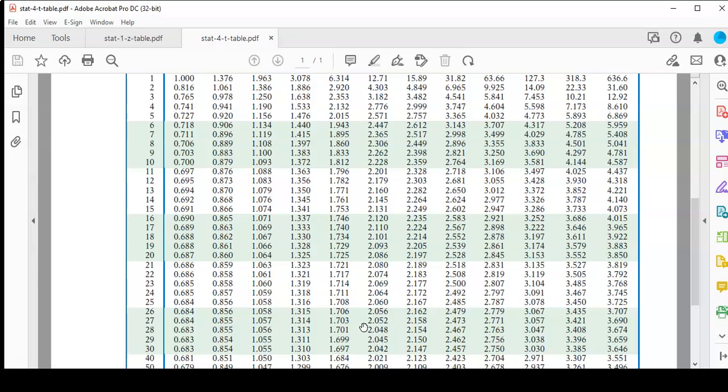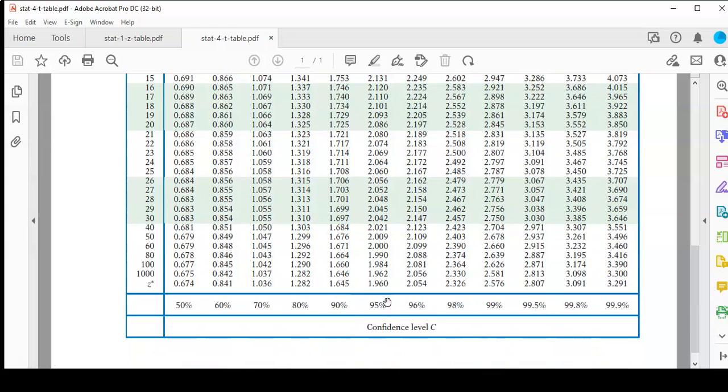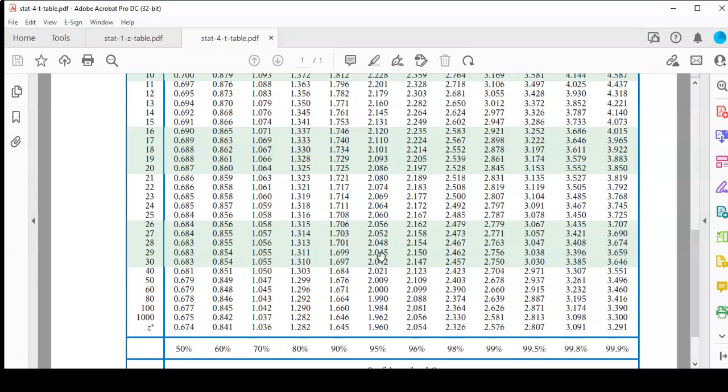Do you see that? 2.048. That's one way to find it. Another way to find it is to scroll further and start from the confidence level. Start from 95% in the middle and then scroll up a little bit to 2.048 at the degrees of freedom of 28. Either way, it's going to be the same thing.